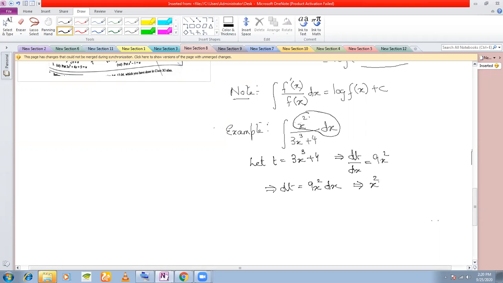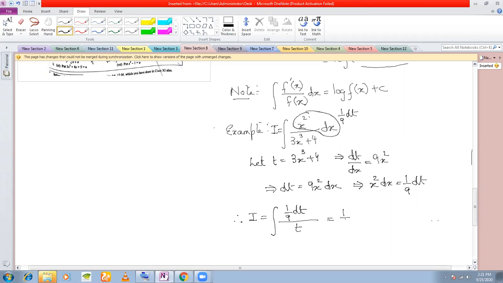So x squared dx is 1/9 of dt. So I becomes integral 1/9 dt divided by t.